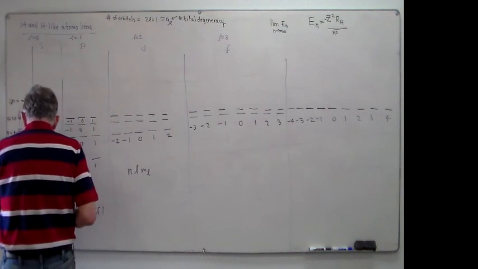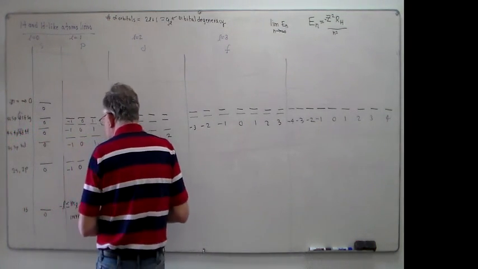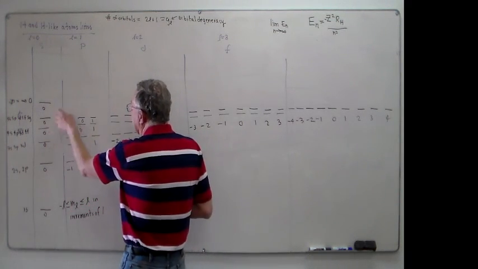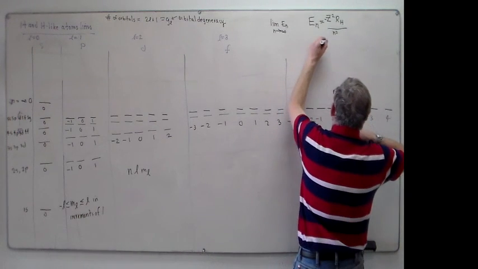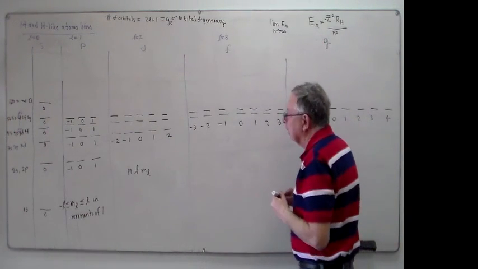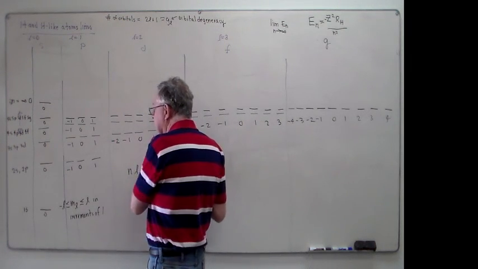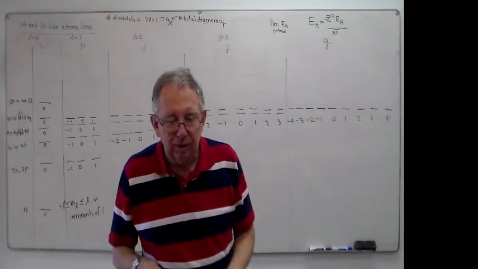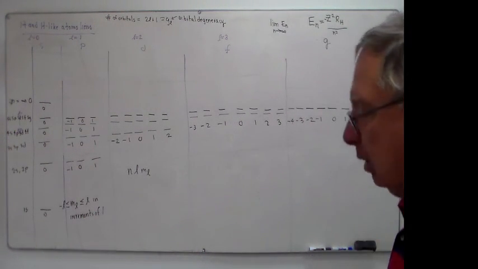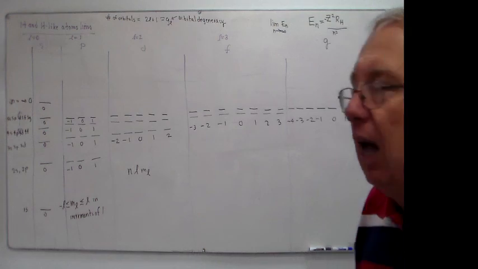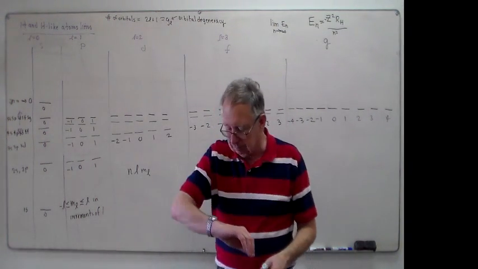The n quantum number tells us where we are in the chart. The L quantum number tells us whether we're an S, P, or a D, or an F, or a G orbital. I erased the G right here. The m sub L quantum number tells us the various orientations of the orbits. And we know what the energy formula looks like and we know what the wave function looks like, so we're in pretty good shape here.